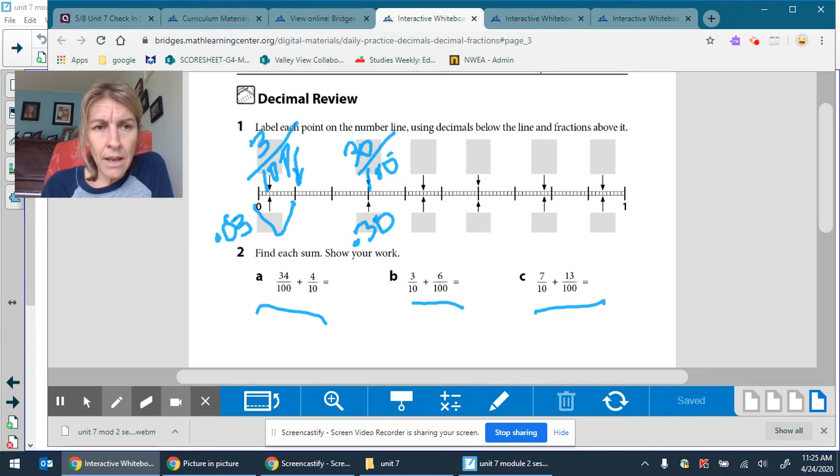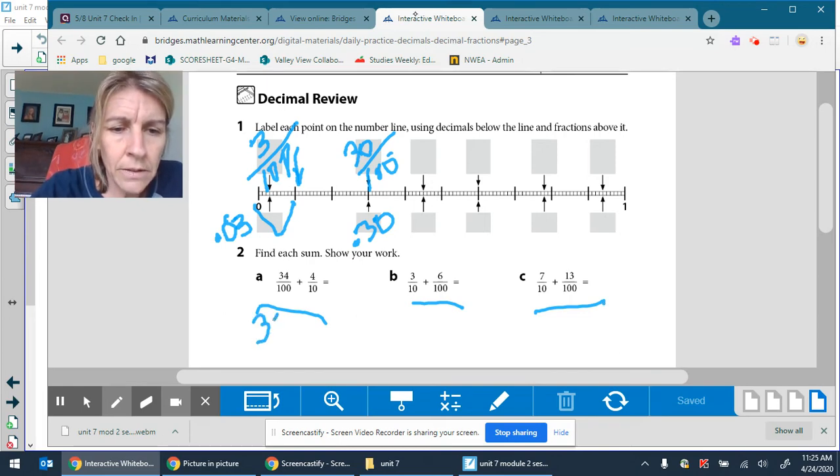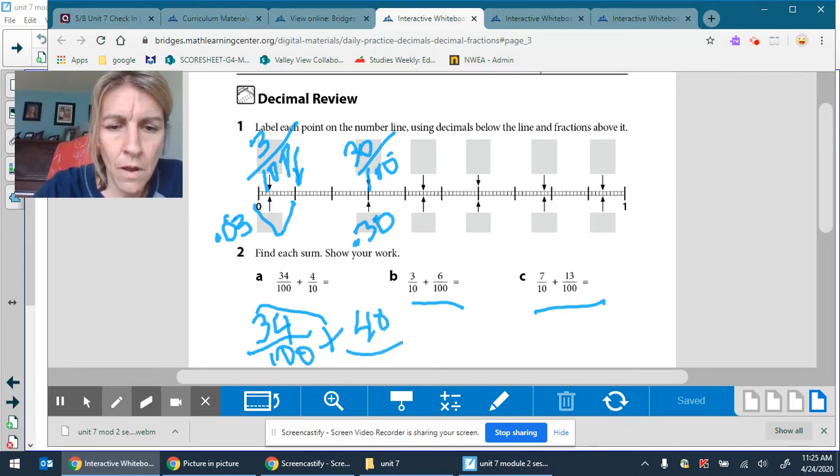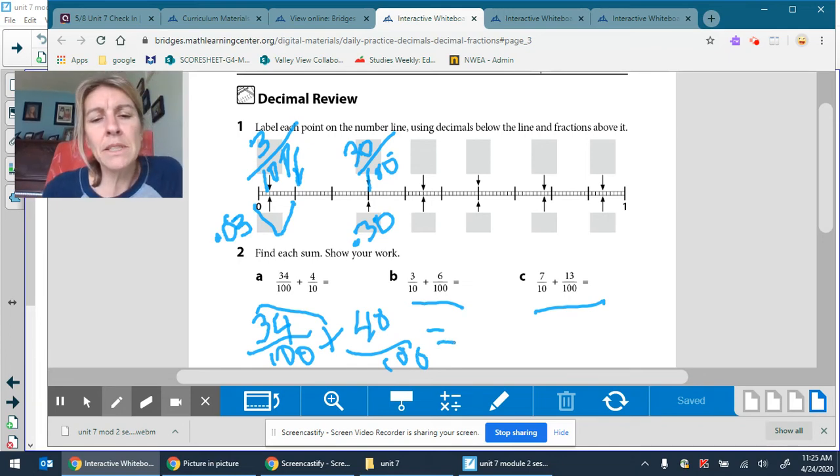So let's look at A. 34 hundredths plus 4 tenths. We can't add 34 plus 4. That's not going to give us the correct value because 4 tenths actually means the same thing as 40 hundredths. So let's rewrite 2A so that we really are clear in our understanding, so that we don't make a mistake.